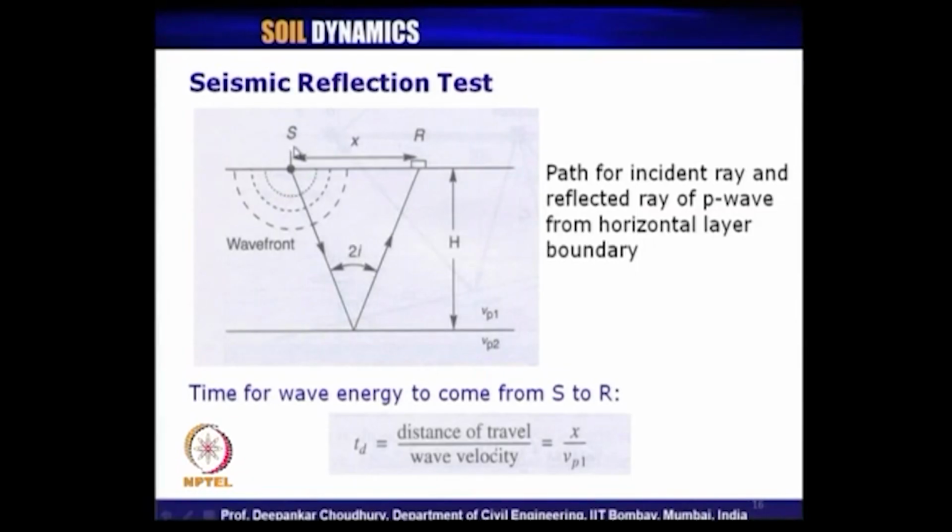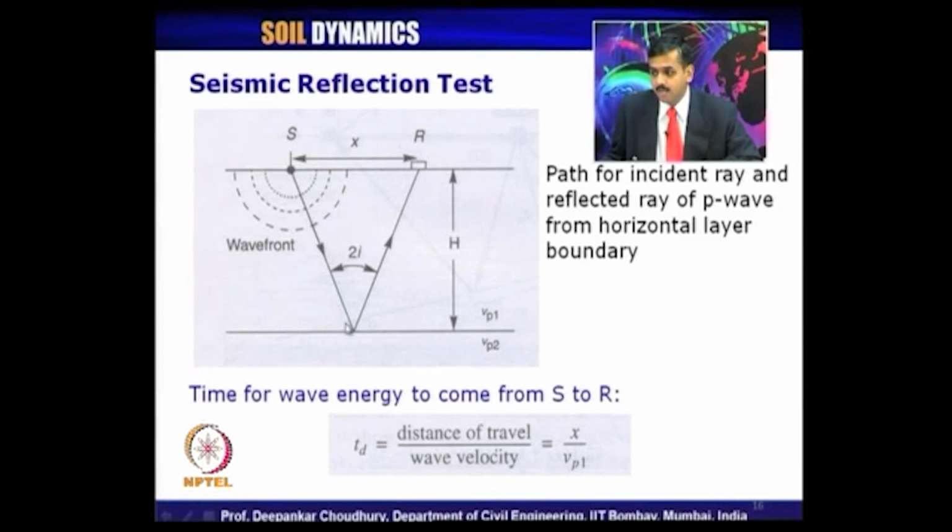This S is nothing but the source, where you are creating that disturbance or vibration in the soil by using any of the three methods we just described. And the point R is called the receiver. It receives the disturbance created at the source, which travels as waves through the soil media and is finally recorded at the receiver R.